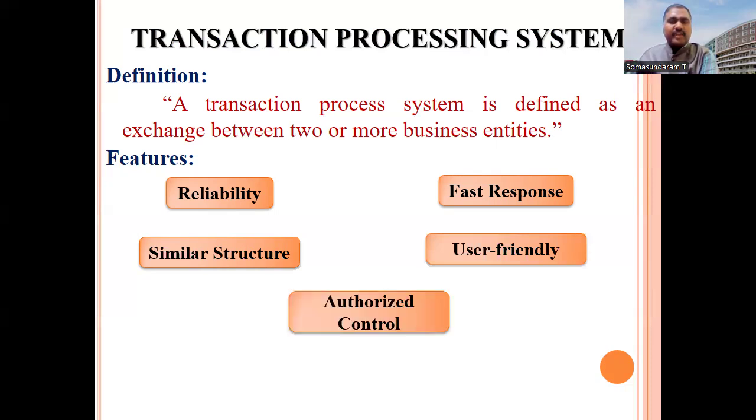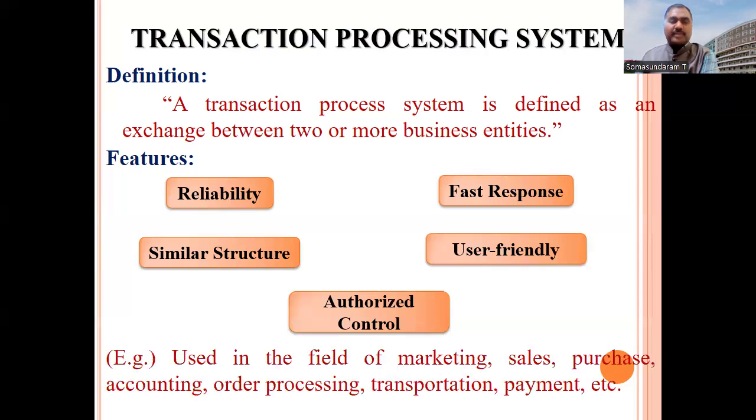It also has authorized control because it's not accessed by everyone. Only an admin manager or an accounts officer can access the transactions stored in the system, with an authorized signature or an authorized username and password.